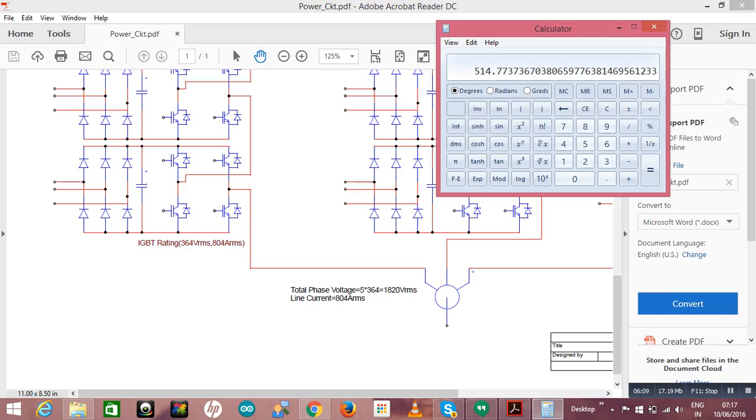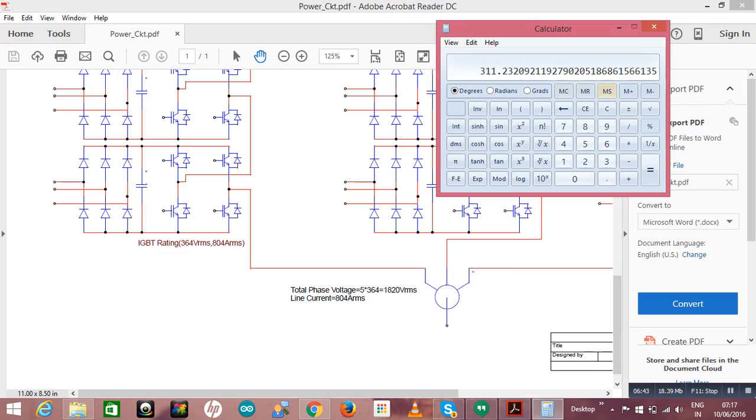So to get this VDC, let us find out how much AC input I need. That is VDC into pi divided by 3 divided by √3. So 311 volt, that is my phase voltage peak.